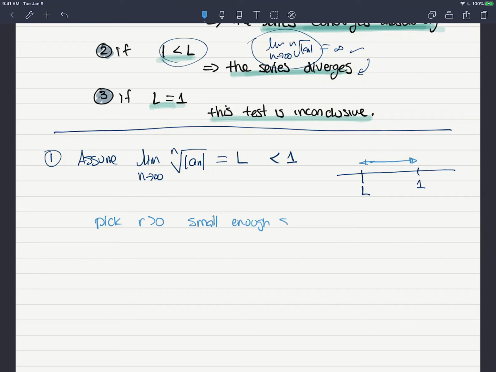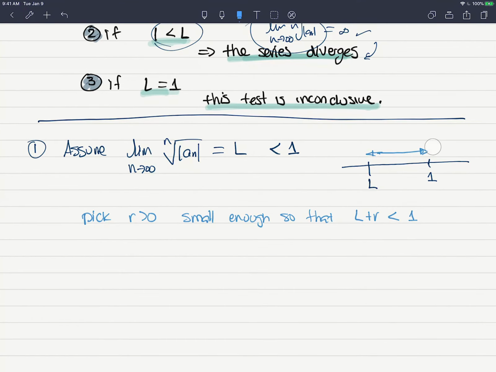We're going to pick a number R, positive, that is small enough so that L plus R is still less than 1. Okay? So my R is right here, L plus R is right there. So this is what I'm calling R. It really doesn't matter, I could call that number R in between.